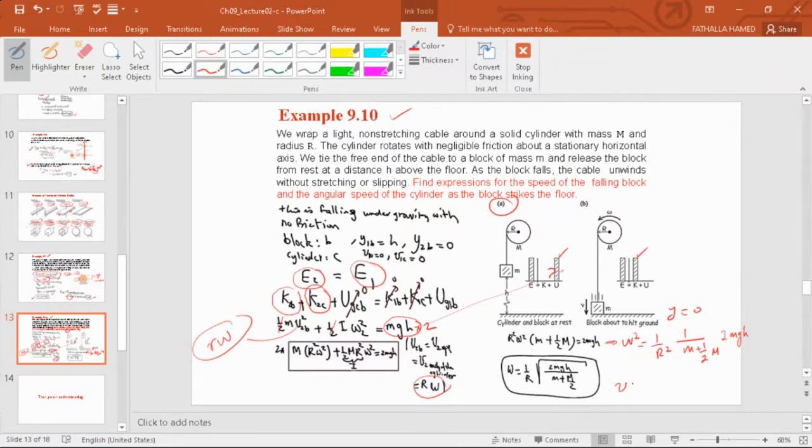Now, if you want to get v, v will equal r omega, and that will equal the square root of 2mgh divided by m plus m over 2.